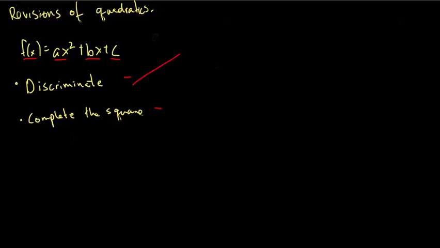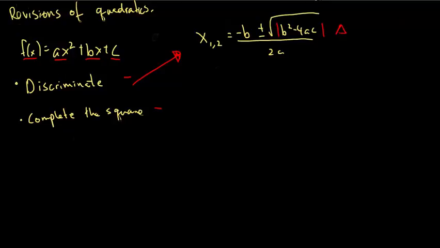So to give a revision of what a discriminant is, here's the formula. x1 or x2 is equal to negative b plus or minus the square root of b squared minus 4ac, over 2a. Now, this term inside the square root is called the delta, which is represented by a triangle.